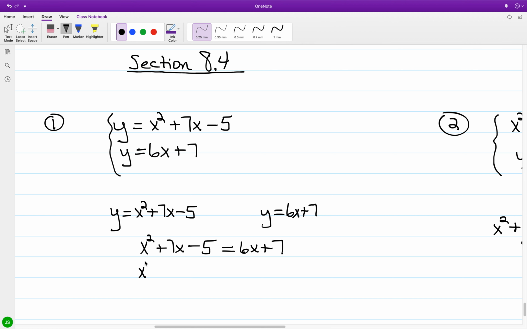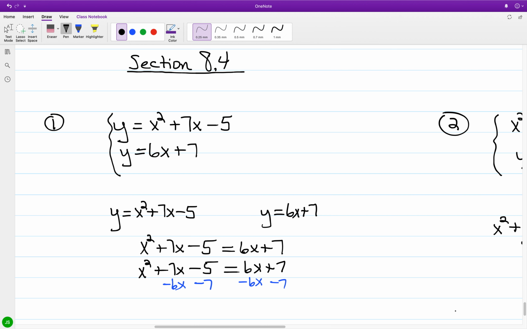And here we have a quadratic equation. If I combine like terms together, I can write what I have in x as a quadratic equation in standard form.